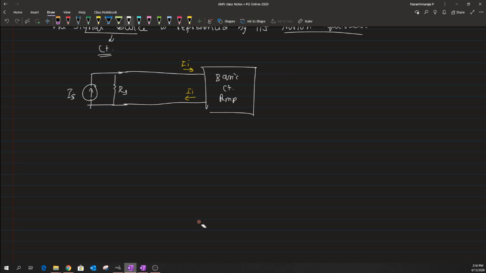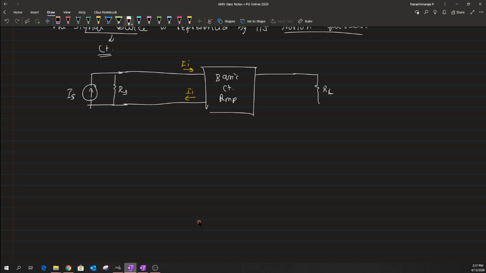So let me just have a current, and let us also include a load and a source, the non-ideal model, outside the basic amplifier.